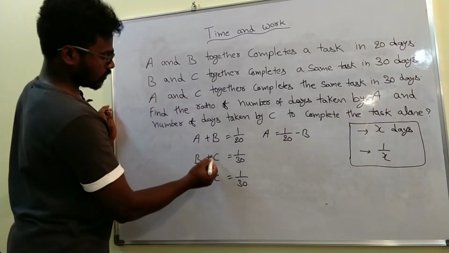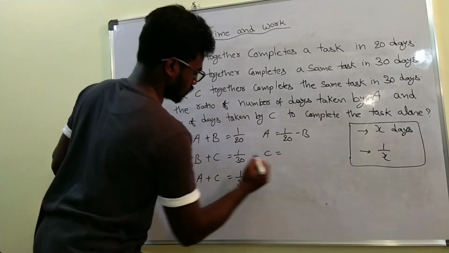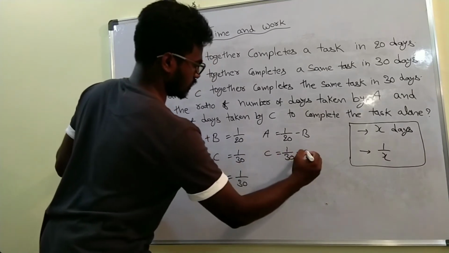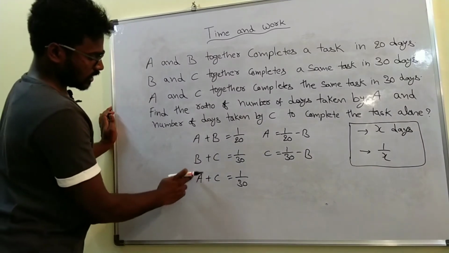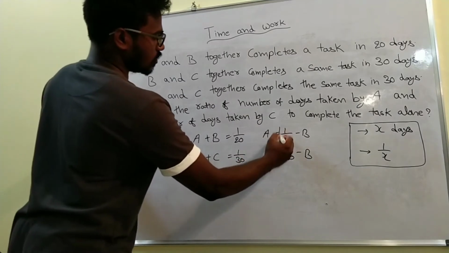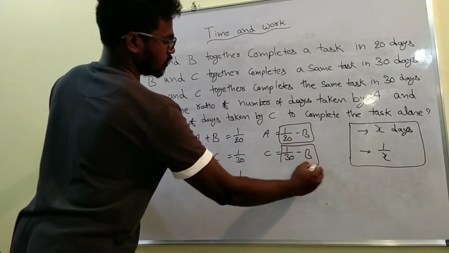To find C's work in one day, we can write C equals 1 by 30 minus B. And we have a third formula: A's work plus C's work equals 1 by 30th of the work. So we have found what A and C can do in one day.